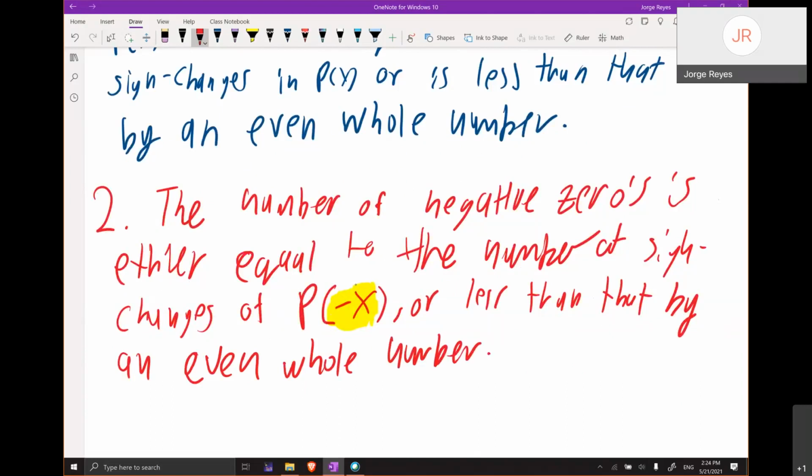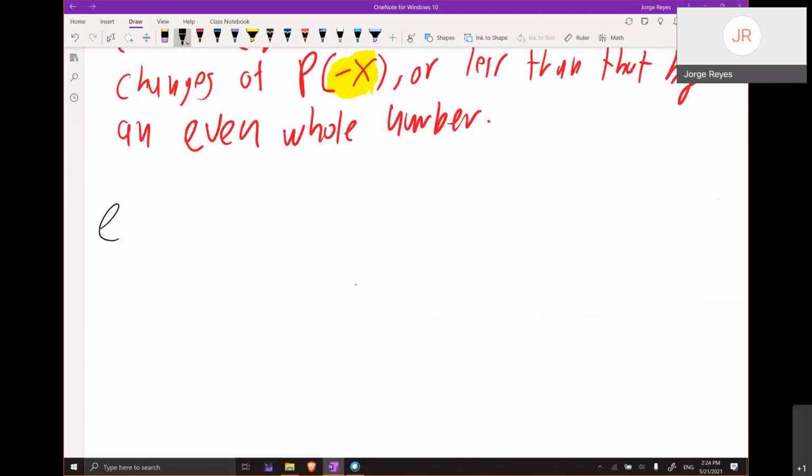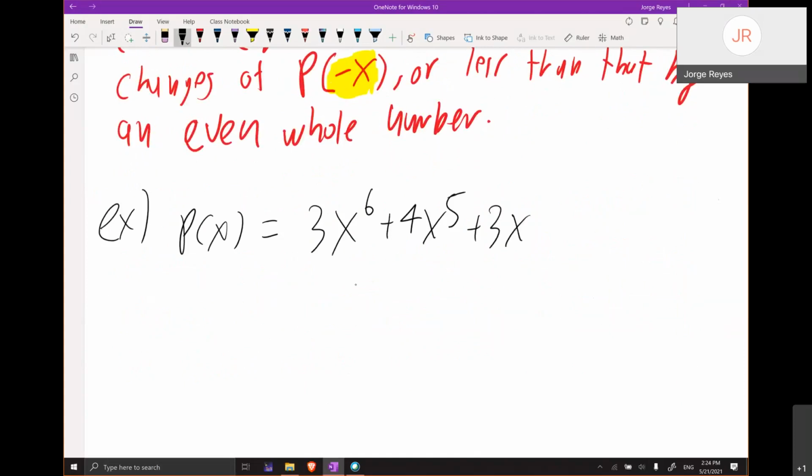Okay, so here's how it works. Let me just use an example because that's some serious math that I just wrote down. So p of x, I'm going to have a 6th degree polynomial, plus 3x cubed minus x minus 3. Okay. So, right, 3 is positive.